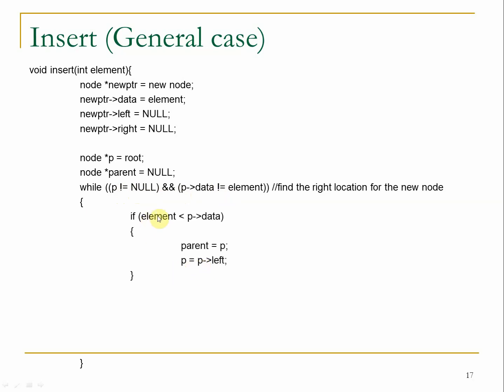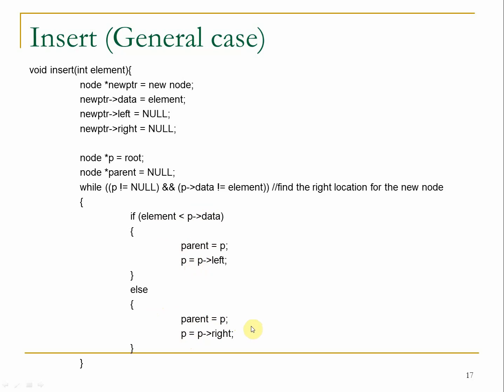And you can see in the search operation, if element is less than P to the data, we make parent remember this location, and then P will move to the left side because element is less than P to the data. If it is greater than the data, parent will still stay at the previous location, and then P will move to the right side.